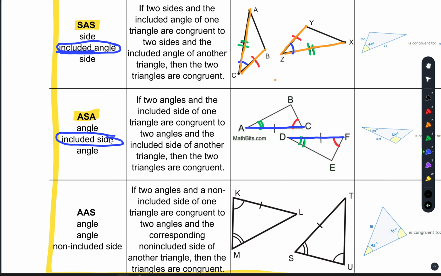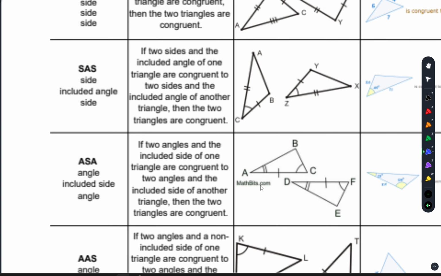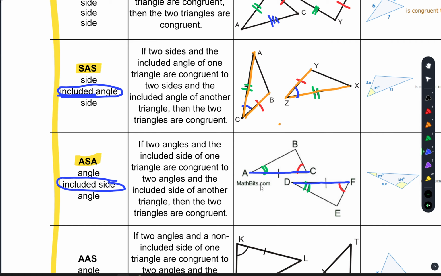Again, we call that the included side. It's wedged in there between those 2 angles. So ASA has to be in that order, angle, side, angle. That's probably going to be the trickiest idea to wrap our heads around this unit, I'm telling you right now. Any questions on that?